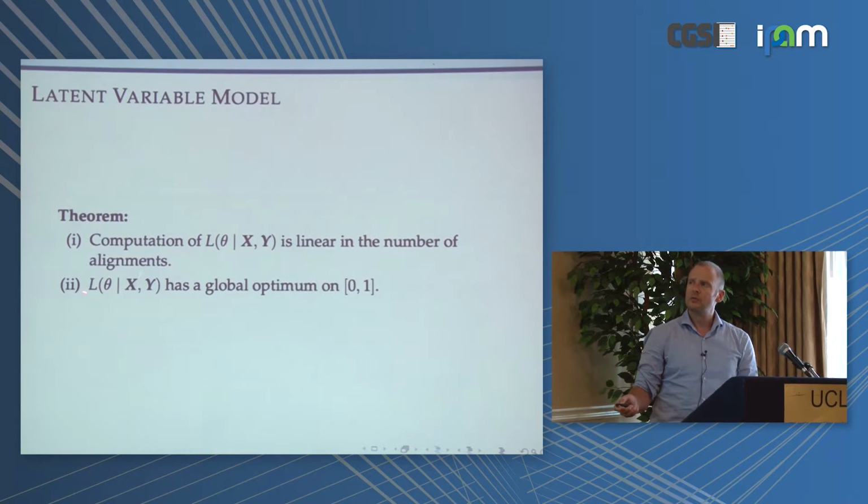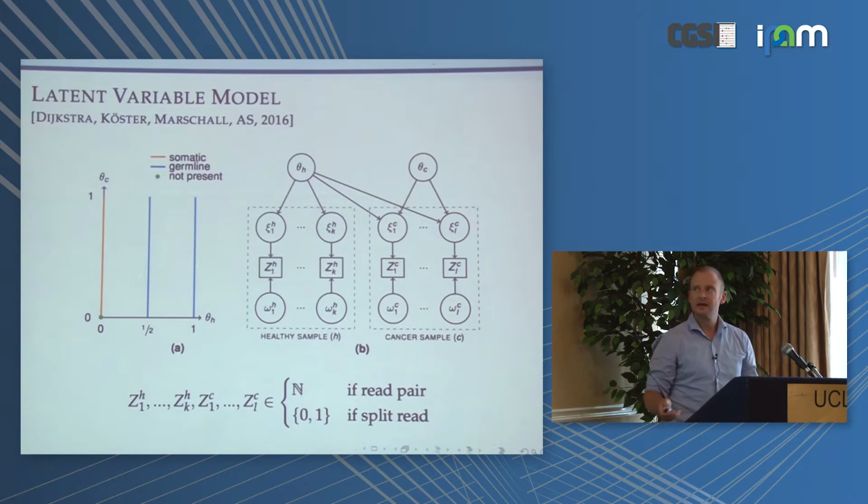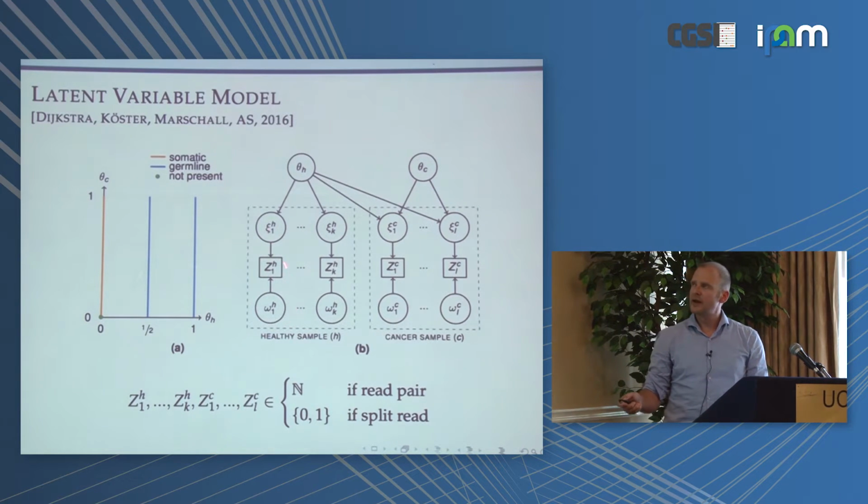Then it's also easy to show that this has a global optimum on 0 and 1, which is nice behavior. This is the maximum likelihood estimate. So it's a well-behaved curve, and you can evaluate the function very fast. So you can integrate. Then you compose two models. You have one for the healthy part, where Z is either 6, X or Y, so these are all the alignments for the healthy genome. And these are all the alignments for the cancer genome.